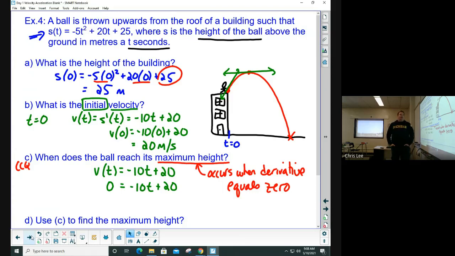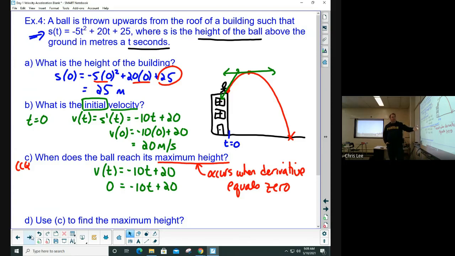So this idea about maximums and minimums occurring when the derivative is equal to 0 is huge. We're going to use this all the time in calculus. Because we know that the tangent is 0, the slope of it is 0, and that means it must be a max or a min.